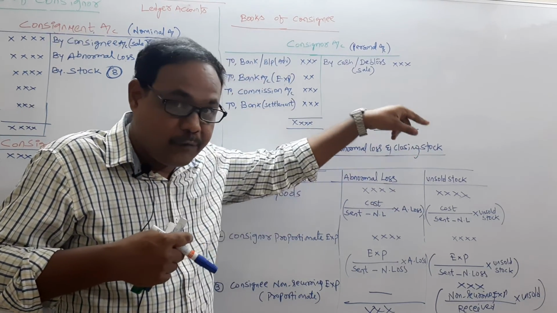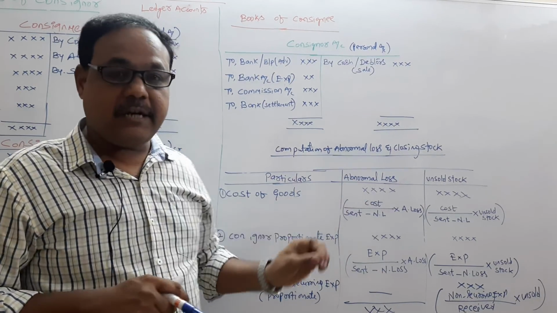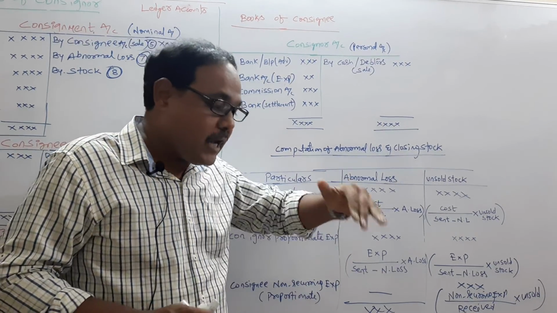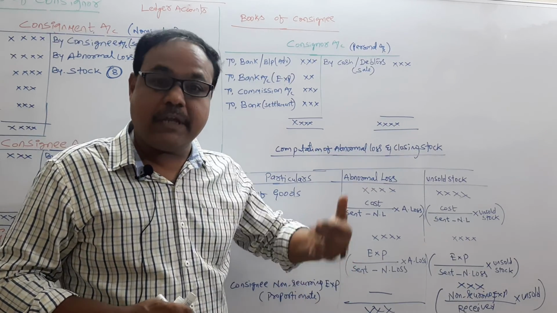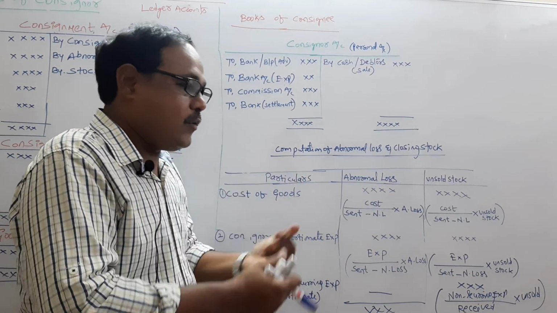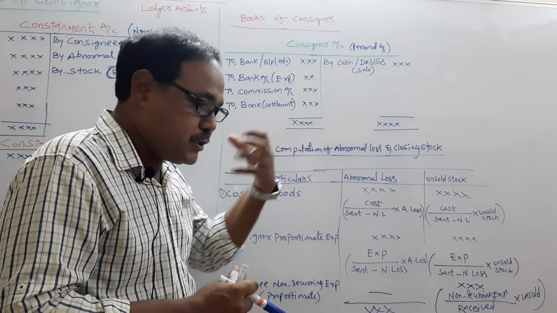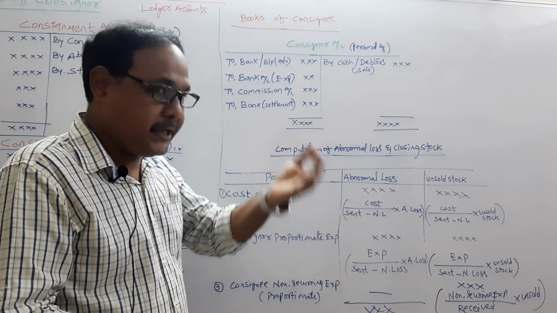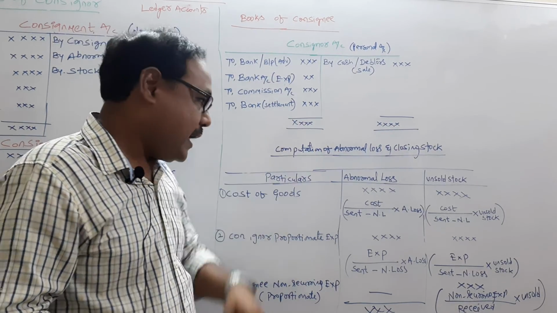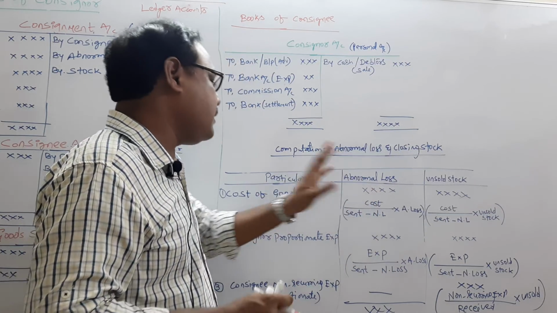Normal loss is recovered from the customer. So for this abnormal loss, generally we have to insure it. When it is a burden on the owner, he will take an insurance policy to reduce his burden of loss.